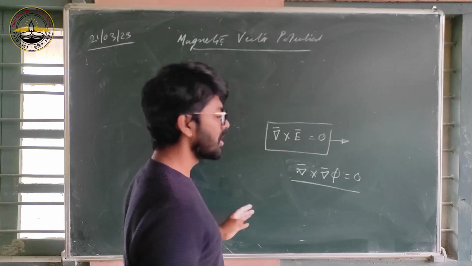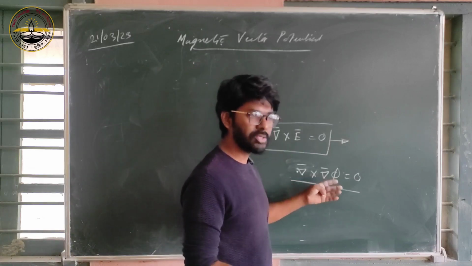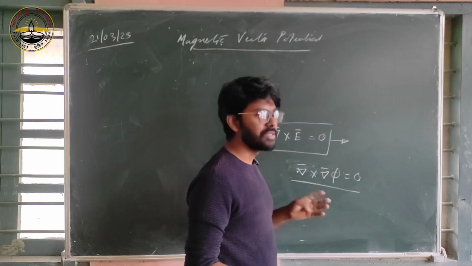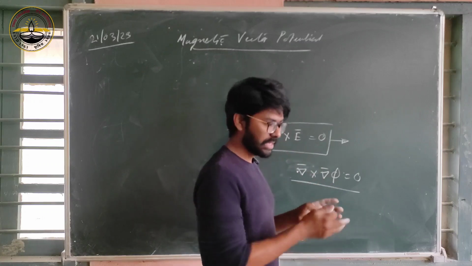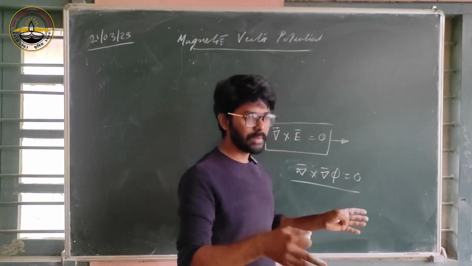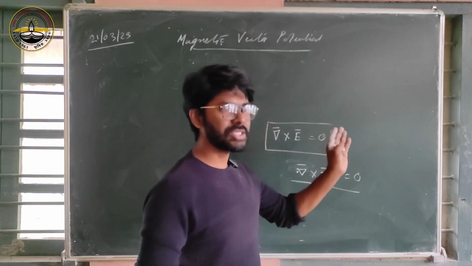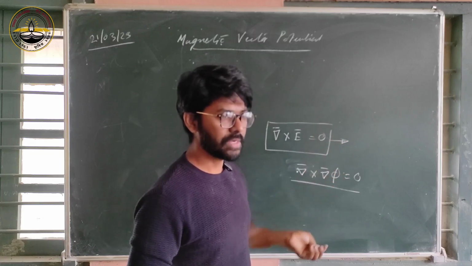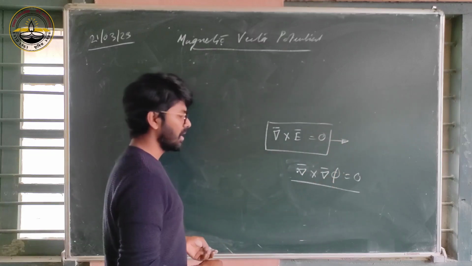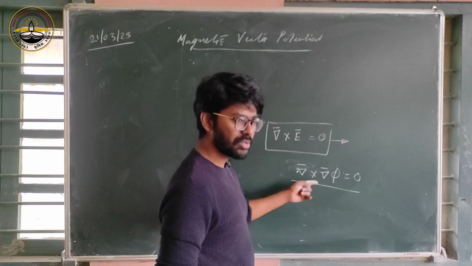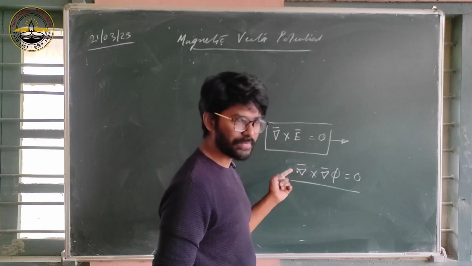The gradient is the change, a three-dimensional partial derivative, a directional derivative, right? Del of phi, along x, y, z. And the direction is the direction of highest change, increase or decrease. And it is irrotational. So curl of a gradient is always 0.